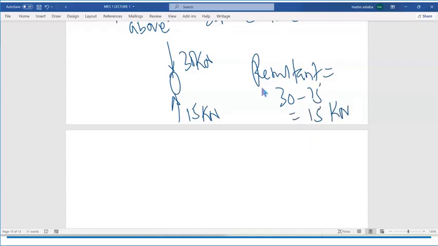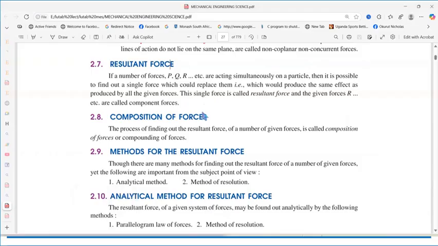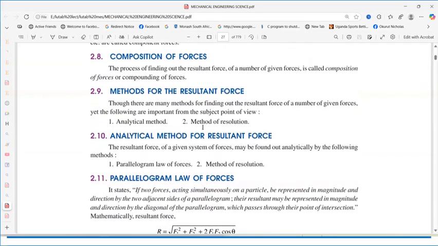So it means if I apply a force of 15 kilonewtons on this same body in the same direction as where these two forces are acting, it would produce the same effect as if I had these two forces acting on the same body at the same time. So you have to understand what a resultant means.